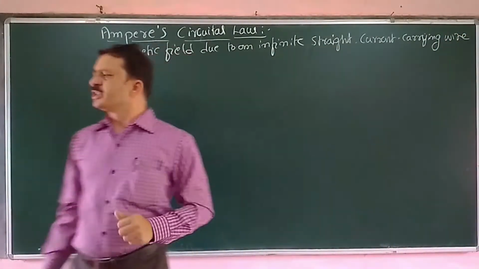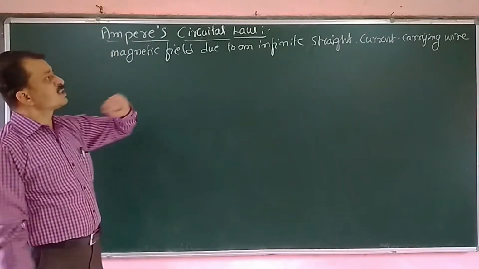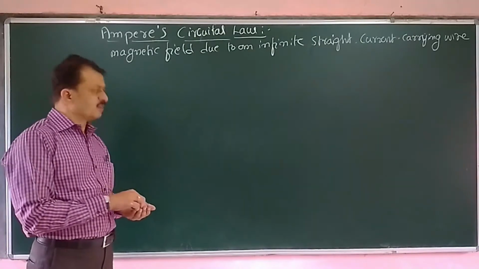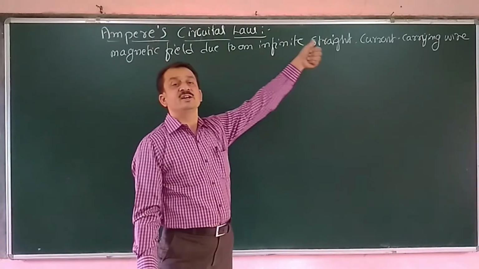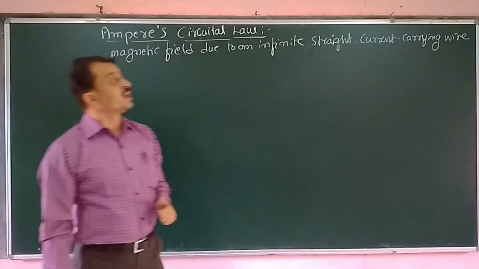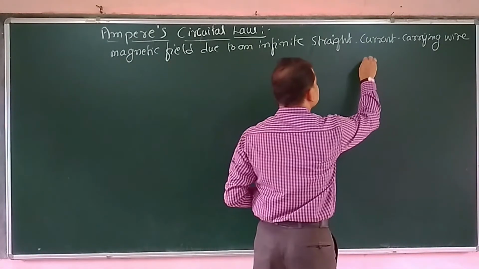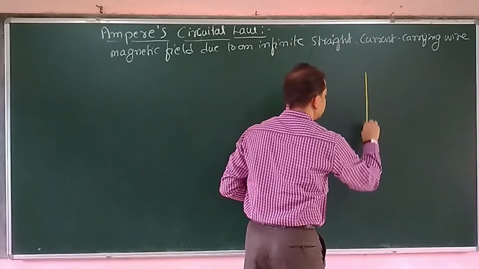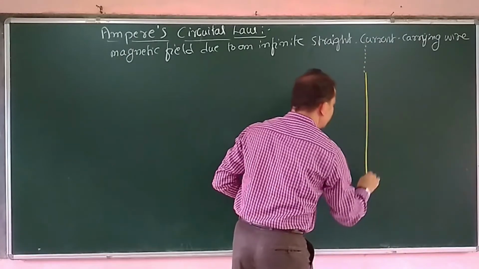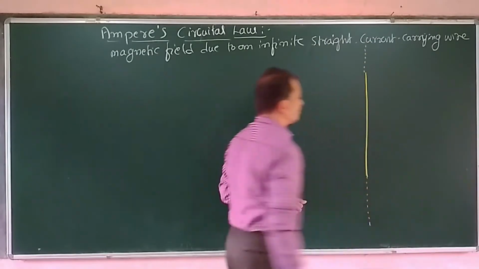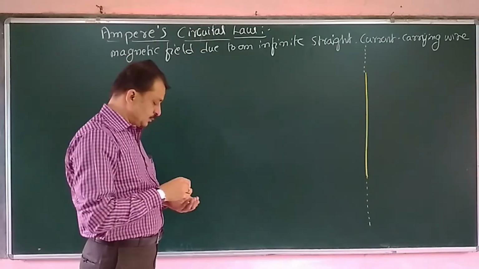So we have an application here. We will apply Ampere circuital law to calculate the expression for the magnetic field due to an infinite straight current carrying wire. For that we will consider a wire. We have a wire of infinite length.